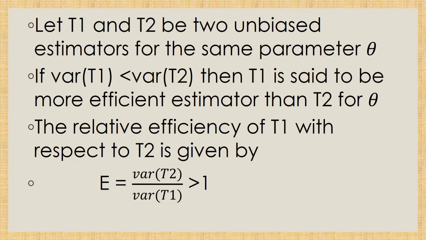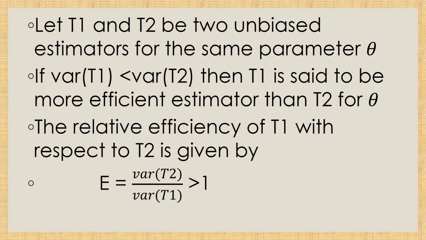So this is our case. If the variance of T1 is less than the variance of T2, then T1 is said to be a more efficient estimator than T2 for theta. Then the relative efficiency of T1 with respect to T2 is given by E equals the variance of T2 divided by the variance of T1, which is more than 1.